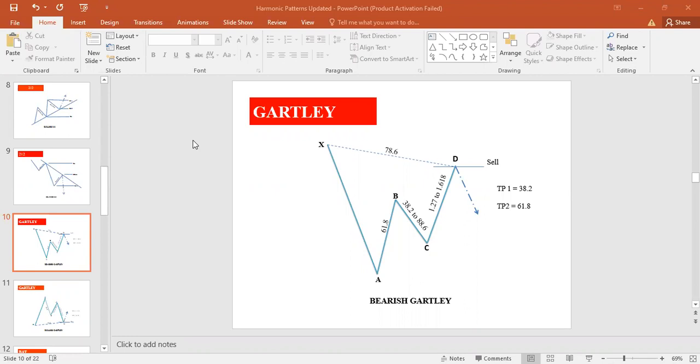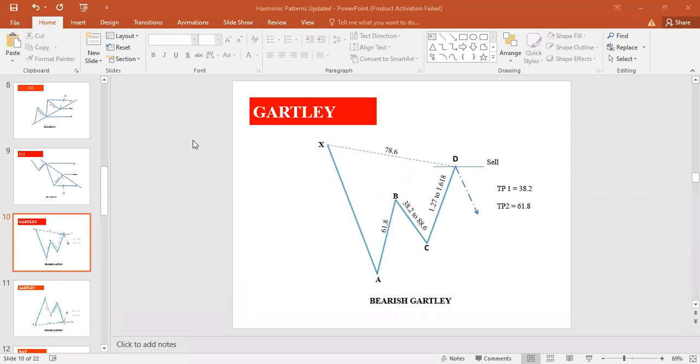What makes the Gartley unique, and how do we know that this is a Gartley? A Gartley will start with an X leg. Of course, all the patterns begin with an X leg. But you see this X leg is the beginning of every pattern, and the D leg is the end of every pattern.